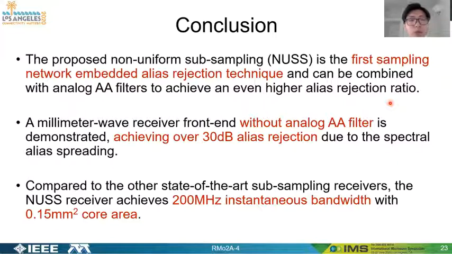A millimeter wave receiver front end without analog anti-aliasing filter is demonstrated, achieving over 30 dB alias rejection due to the spectral alias spreading. Compared to the other state-of-the-art subsampling receivers, the NUSS receiver achieves 200 MHz instantaneous bandwidth with 0.15 mm² core area.